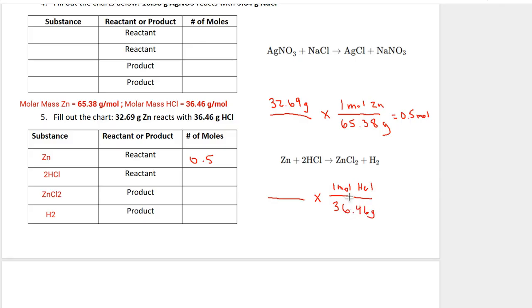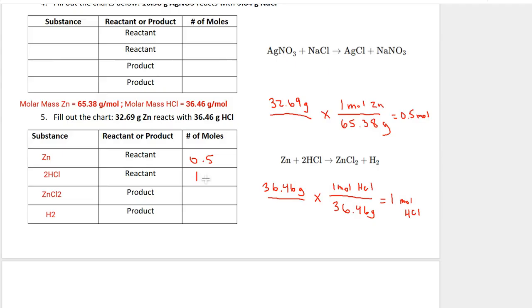And what do we have? We have 36.46 grams. If you need your calculator, you can use it, but you really don't need it. 36.46 times 1 is 36.46. 36.46 divided by 36.46 is 1. We have 1 mole of HCl.